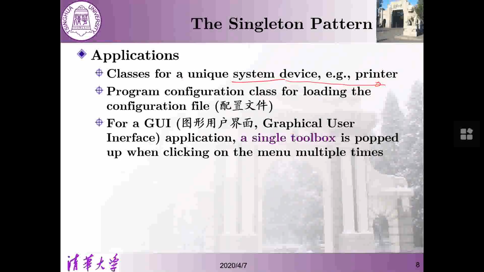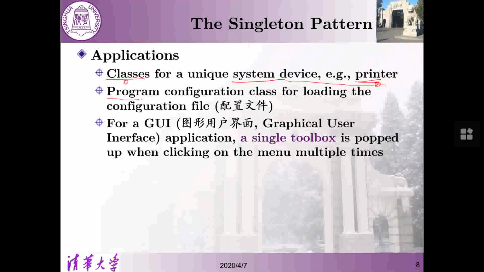If we have a class to access the printer, it should have only one object, one instance, because we have only one printer. If we have multiple objects, there will be conflicts when accessing the printer. So this is one application scenario.